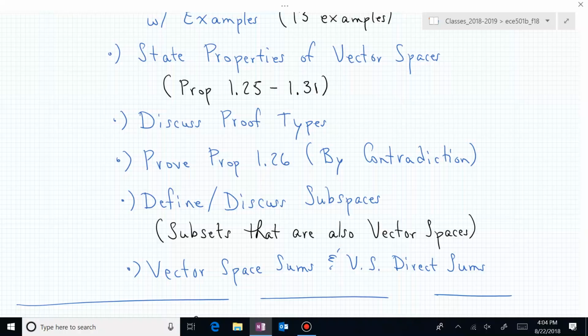So let's just wait until we get there. But the direct sum is a particular way to subdivide a vector space that has uniqueness properties in terms of the vectors that you can build from these subspaces versus just a generic vector space sum.